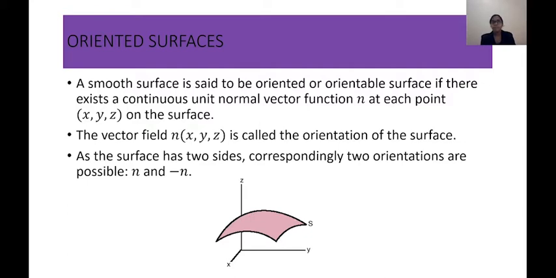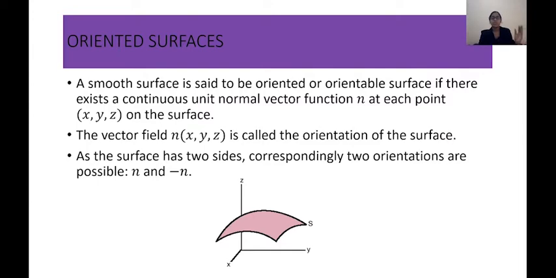Okay, I hope the concept is clear. You can also see that this particular surface has two sides, the upper portion and the lower portion. We call this the vector field of normal vector functions, that is, the vector field n of x, y, z is called the orientation of the surface.